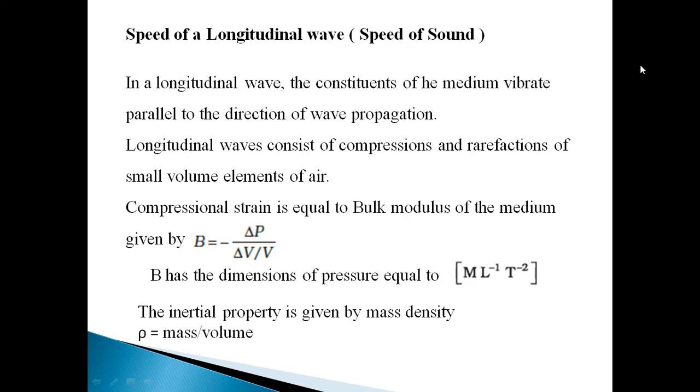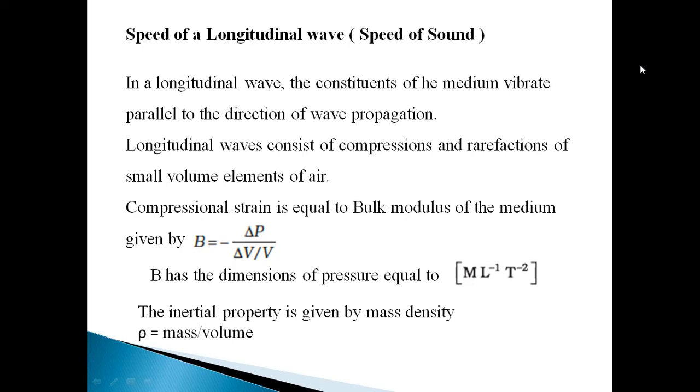Longitudinal waves consist of compressions and rarefactions of small volume elements of air. So when longitudinal waves pass through a medium, they create compressions, that is regions of high pressure, and regions of low pressure, expansions, in the medium.